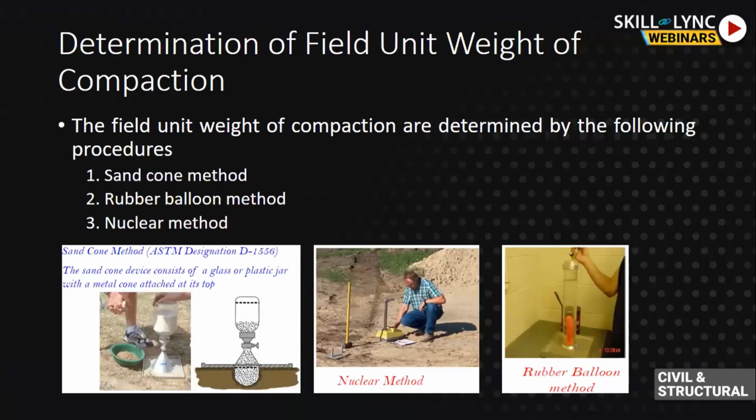The advantage of the sand cone method is that you use a large sample and it is more accurate. In the rubber balloon method, the sample is large, a direct reading is obtained, and open graded materials can be tested. The nuclear method is fast, easy to redo, more tests can be done at the same time, and it is statistically more reliable.